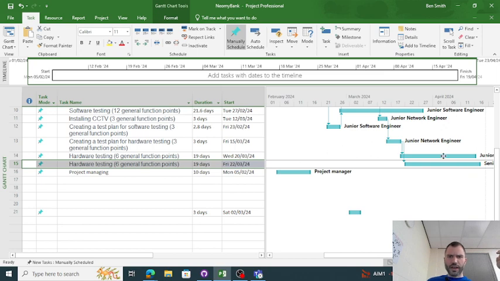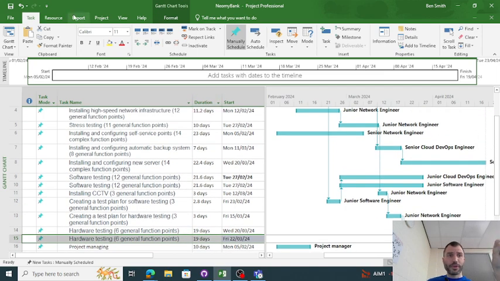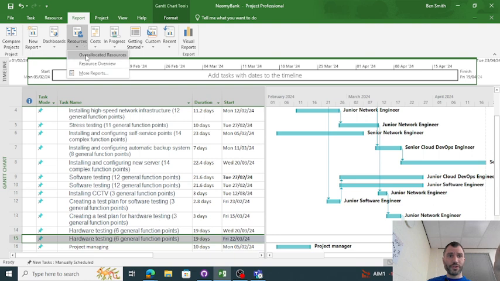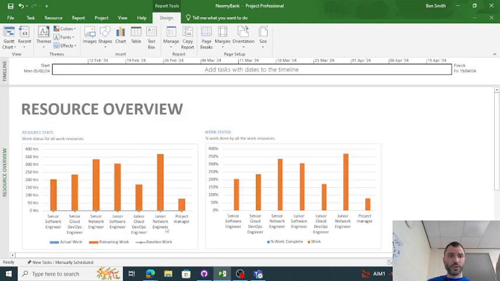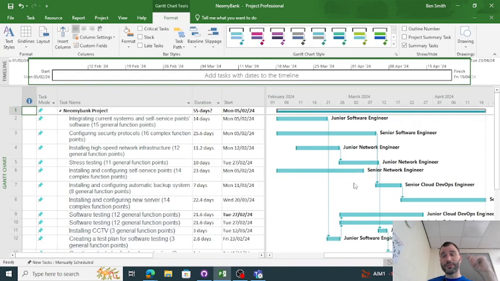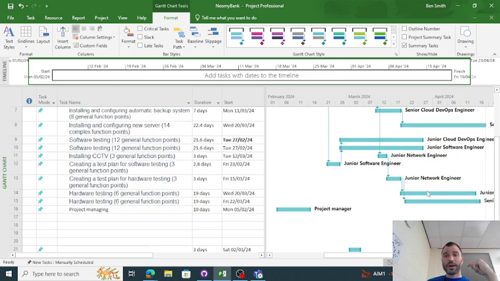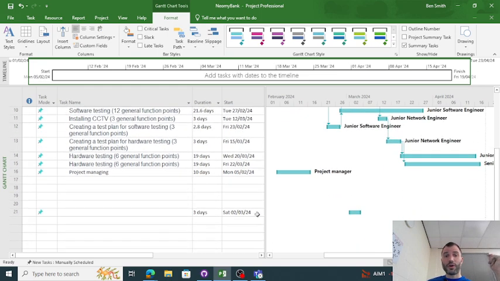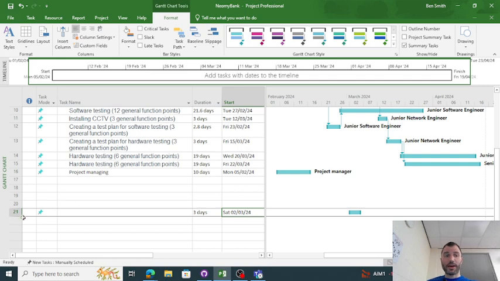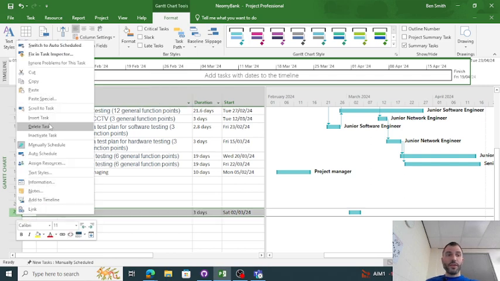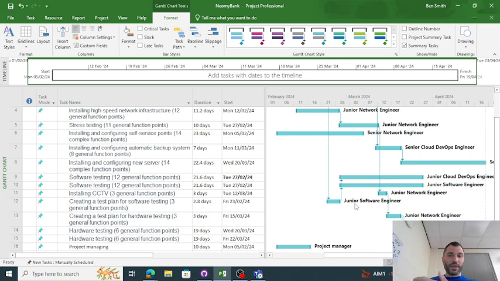The senior and the junior network engineer are kept very busy on my project. So if we go to resource overview, you can see junior network and senior network are the most hardworking people on my project. They've got the most number of tasks, which is something I talked about in the checkpoint. And you should mitigate for that in future, like basically not allowing that to happen, by having extra engineers.